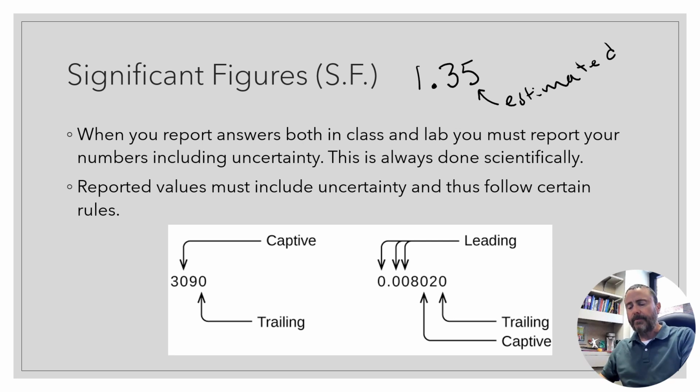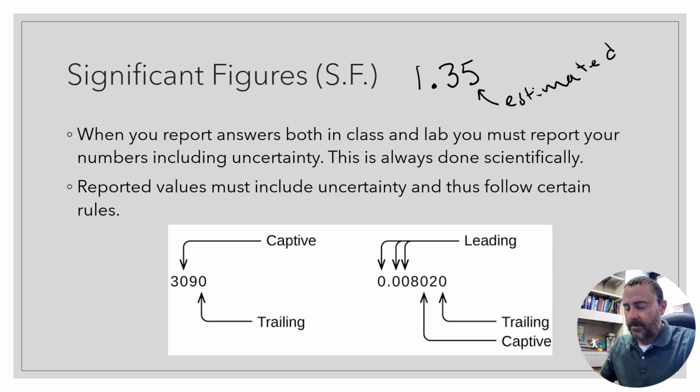So how do we determine, if we're given some values, which are significant and which aren't? If you're given a bunch of numbers, number one, we've got the number 3090, and notice that it's got what I call a captive 0 and a trailing 0. And I'm bringing those up so that we can talk about what those mean in a minute.